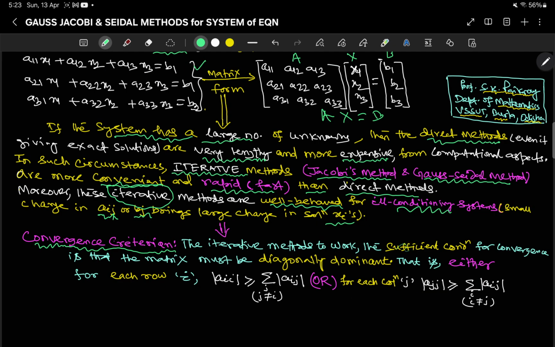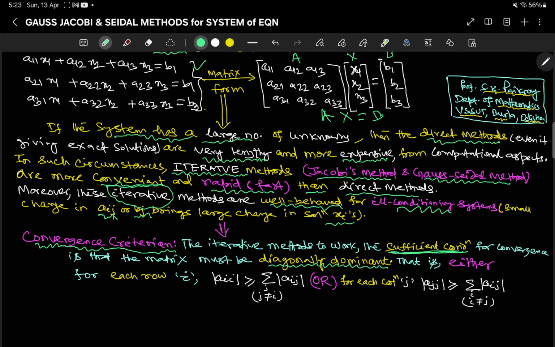So without much delay, let me discuss the convergence condition. However, this condition is sufficient only, meaning even if this condition doesn't hold, it may still converge. But once this condition holds, then we get the answer in fewer steps. For the iterative methods to work, the sufficient condition for convergence is that the matrix should be diagonally dominant.